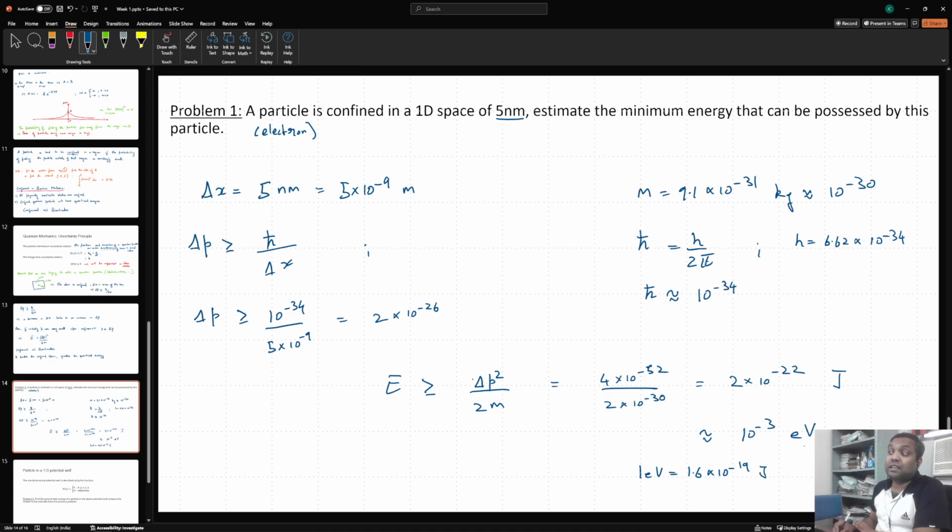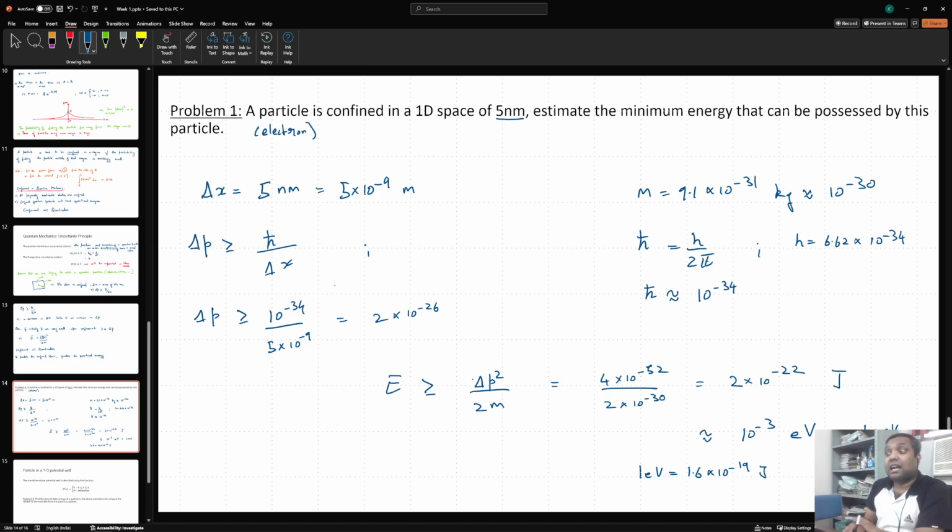On the electron volt scale, this is on the order of 1 milli electron volt, which is actually not that small. In atomic scales, a milli electron volt is of course small, because the electron volt is kind of the base level. But this is not completely trivial. This is definitely a non-zero value of energy.